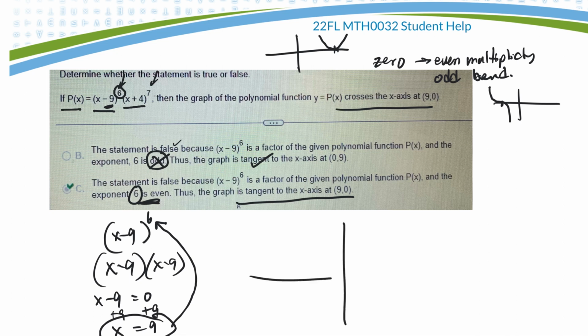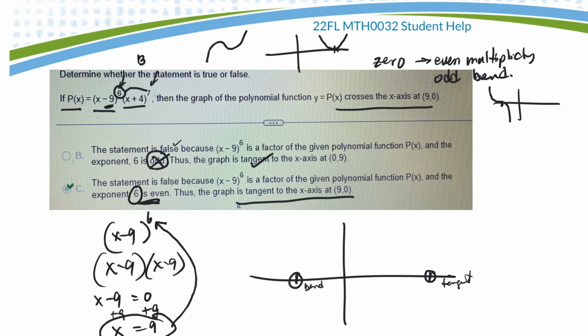So if I were to draw this graph, I don't know if I'll be able to, it's a fairly big one. So at 9, something funky happens, and at -4, something funky happens. So since the sum of the factors is 13, it'll be a graph that starts low and goes high. So at this one, it does a bend, and this is where it's tangent.